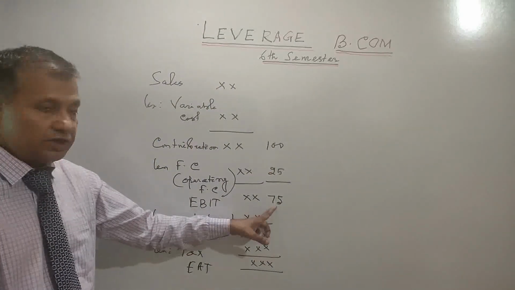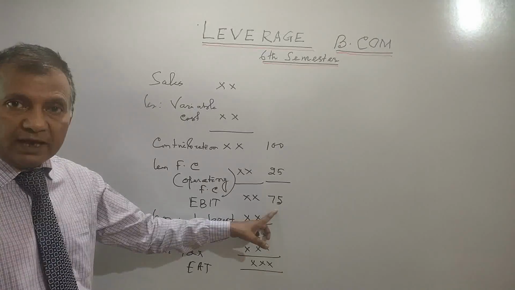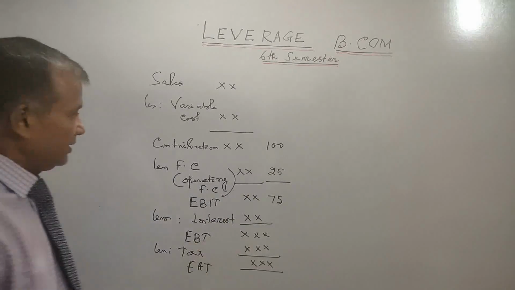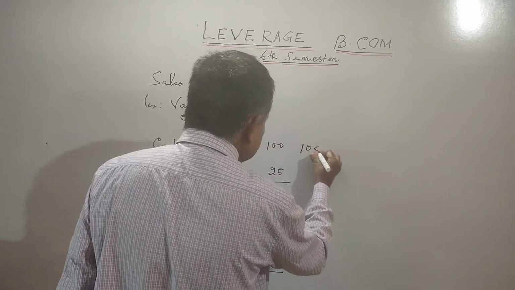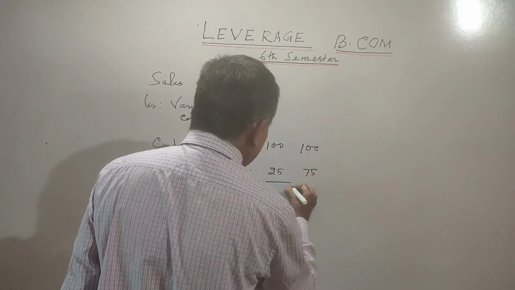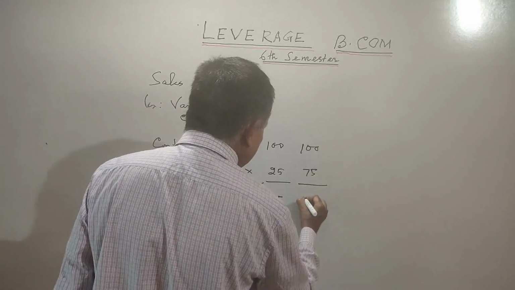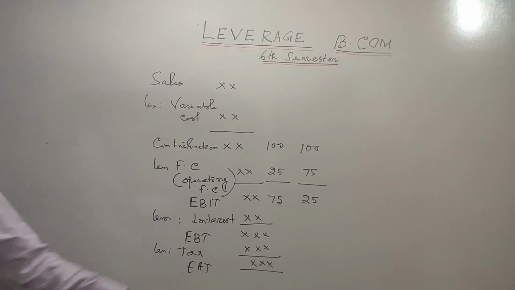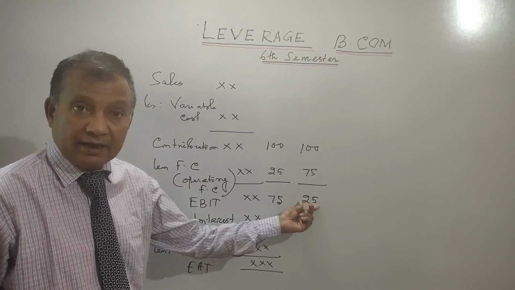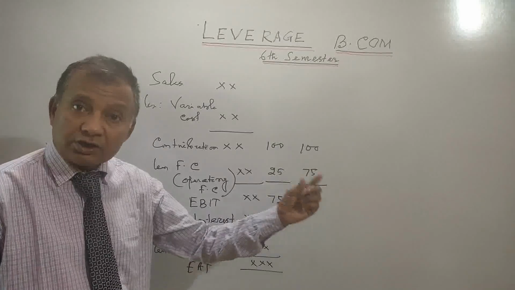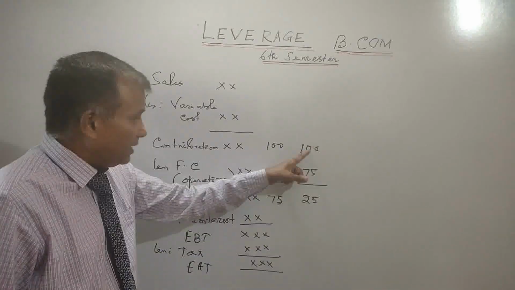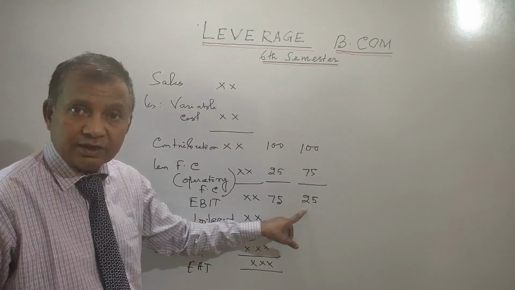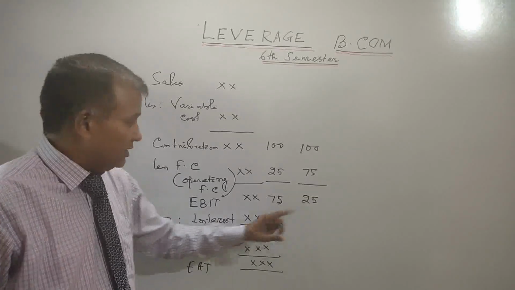This is a very good situation, because EBIT is quite high in comparison to the fixed cost. But if the contribution is 100 and EBIT is only 25, where fixed cost is 75, this is a very risky area, because my fixed cost is quite high. Therefore my earnings before interest and tax is quite less.